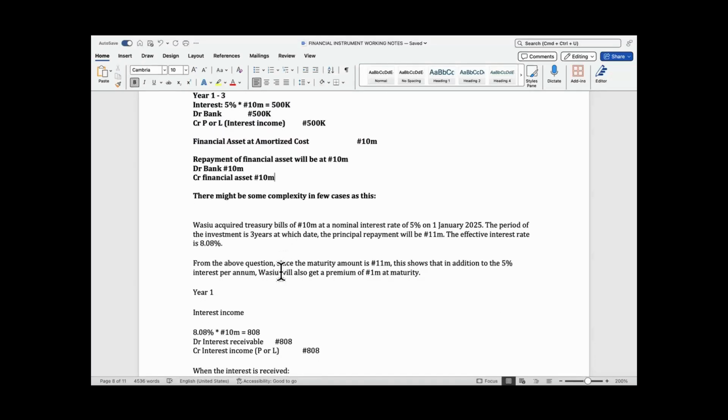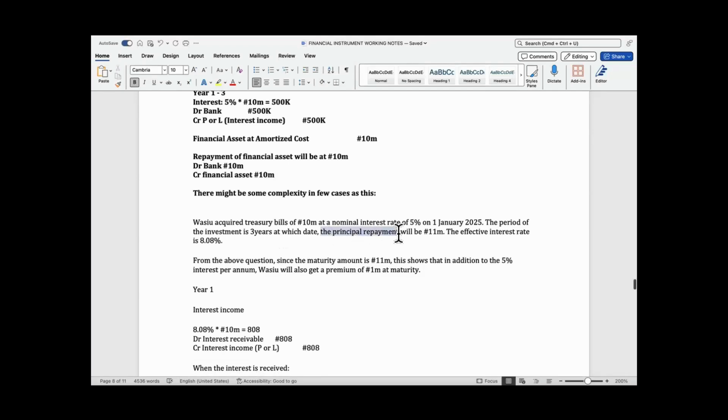And I showed you also scenarios where there might be complexity. That scenario where they will tell you that the principal repayment will be 11 million when the amount you invested was actually 10 million. And I explained this very well to you last week. I told you that this shows that this entity is making two interests. The normal 5% interest, which is the nominal interest rate, and they are also making a premium, which is the extra 1 million.